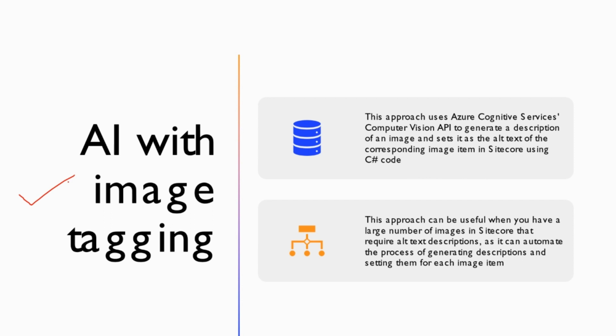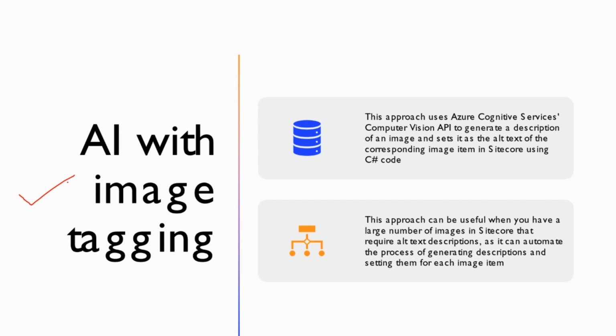You can use some AI mechanism as well. Within this approach, you can use, for example, the Azure Cognitive Services Computer Vision API to generate a description of an image and set it as the alt text of the corresponding image item in Sitecore. So you have to do some programming as well. First you have to register with Azure Cognitive Services, for example Computer Vision.